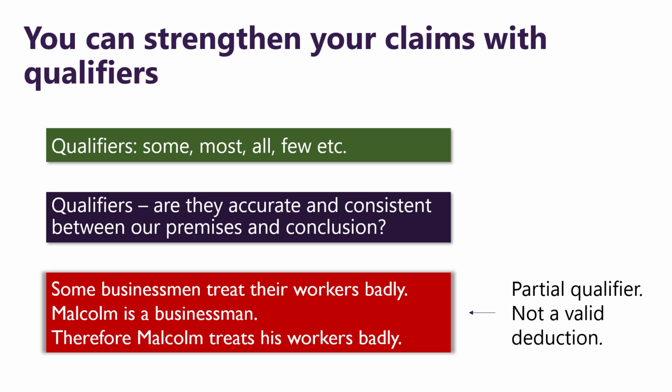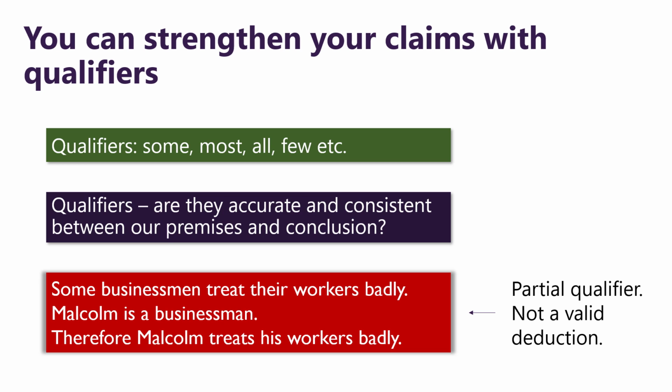Stronger arguments are also strengthened with qualifiers. Qualifiers are words like some, most, all or few. Qualifiers must be accurate and consistent with our premises and conclusion. So here we have an example where it doesn't work. Our first premise states that some businessmen treat their workers badly, and our second that Malcolm is a businessman. The conclusion drawn from this is that Malcolm treats his workers badly.